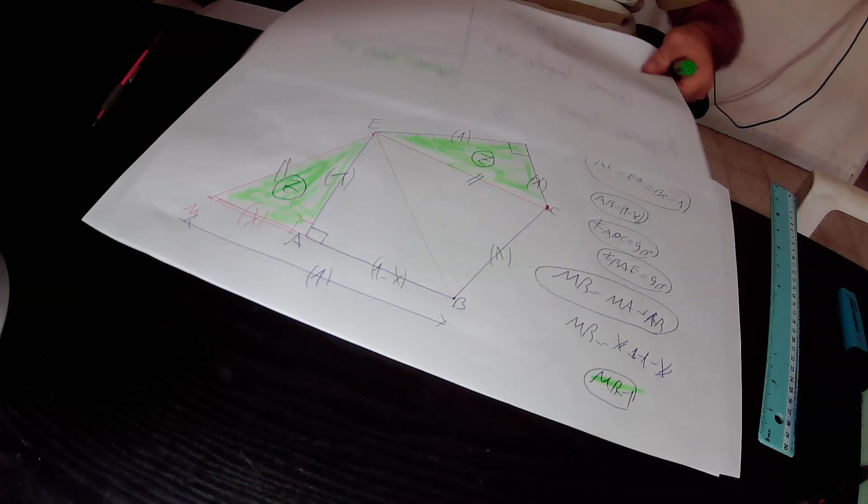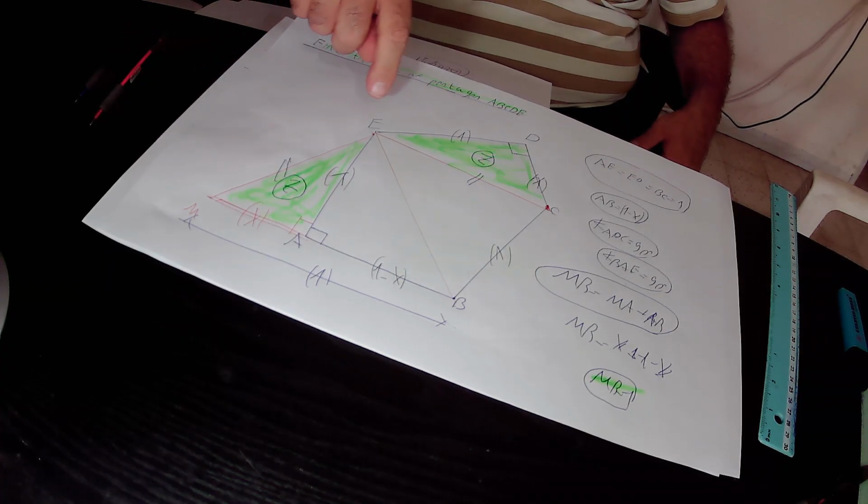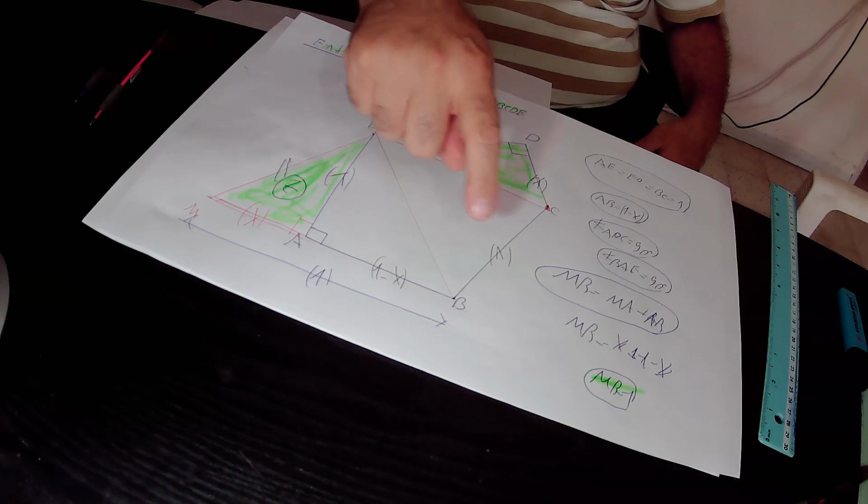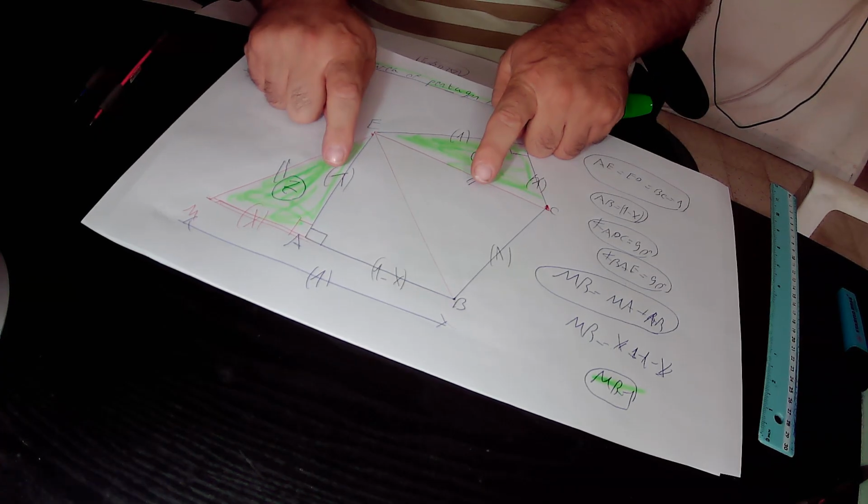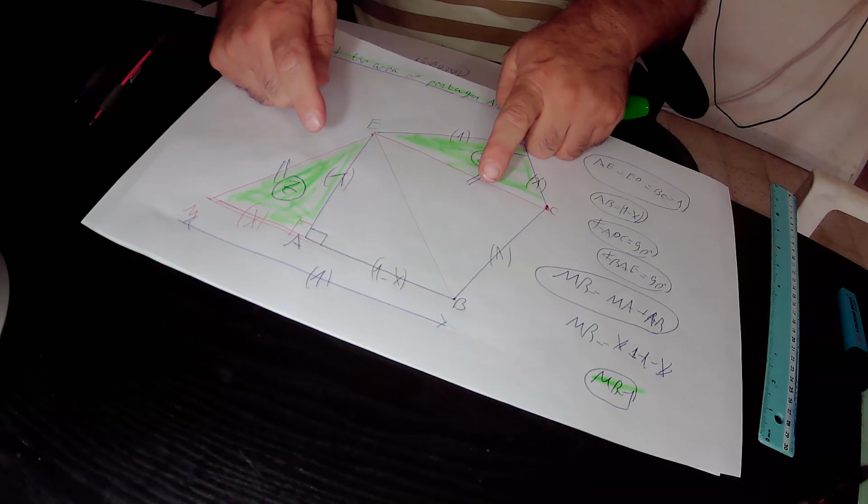Because again, we should follow that the area of triangle MEB plus the area of triangle EBC, in total, the sum of the areas of those two triangles is equal to 1.